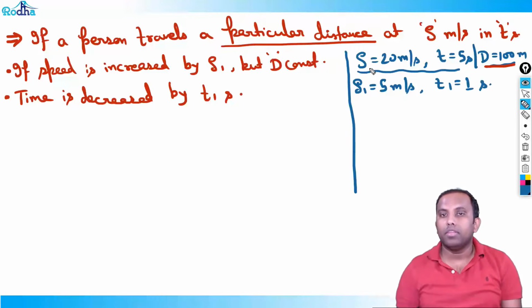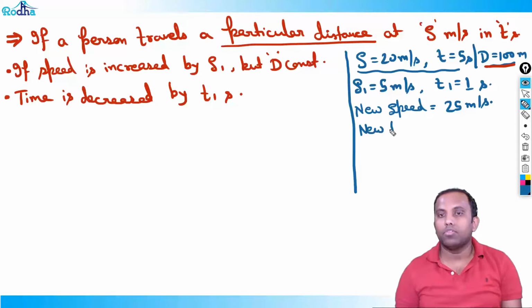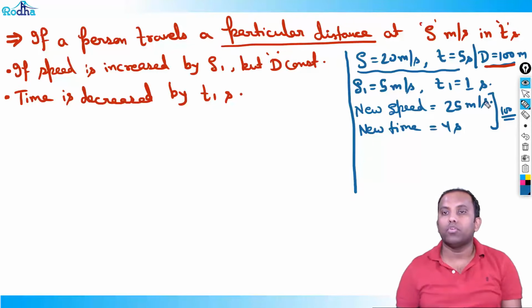What will happen? The new speed is 25 meters per second, and time taken is 4 seconds now. Again, distance is 100 meters, right? 25 into 4, so same thing.